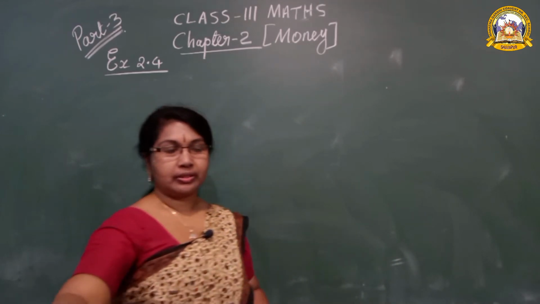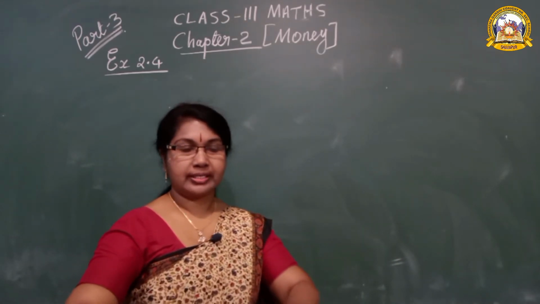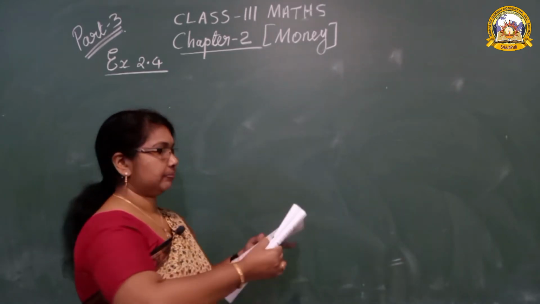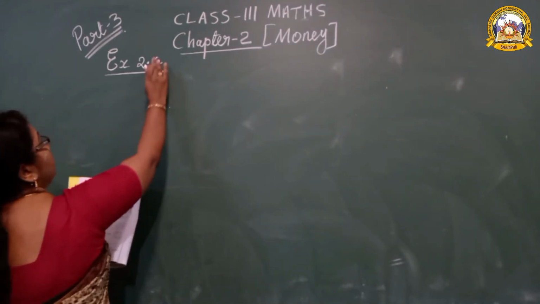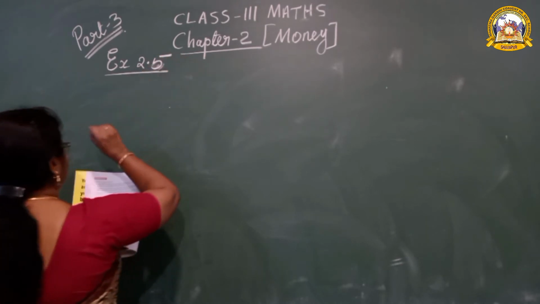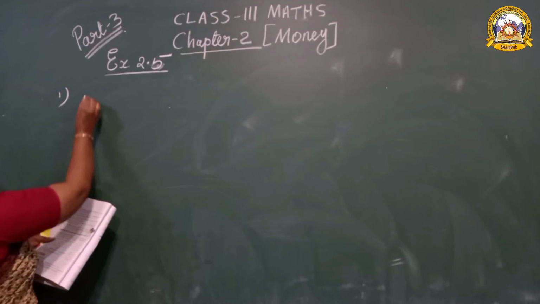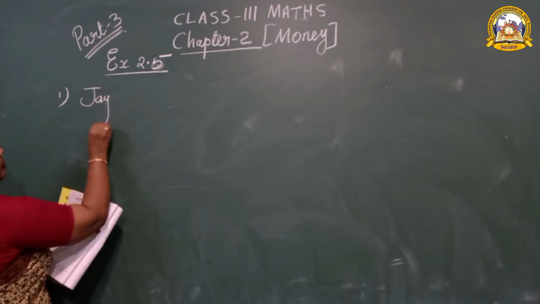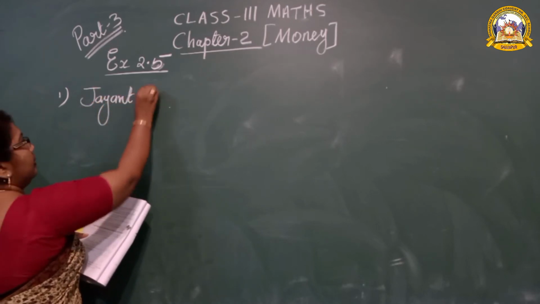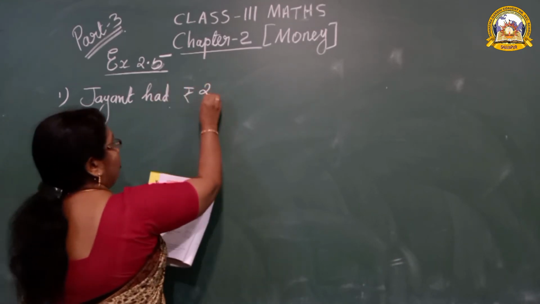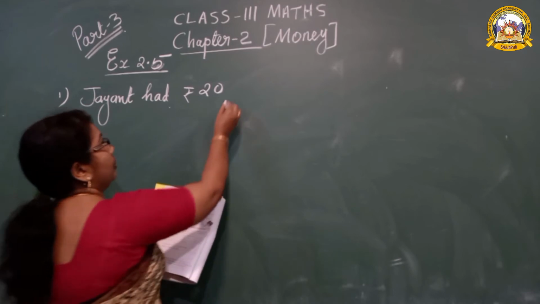Look at the questions, page number 106. Teacher will write the question first. Exercise 2.5, question number 1. Solve the word sums. Jayanth had rupees 20 with him.